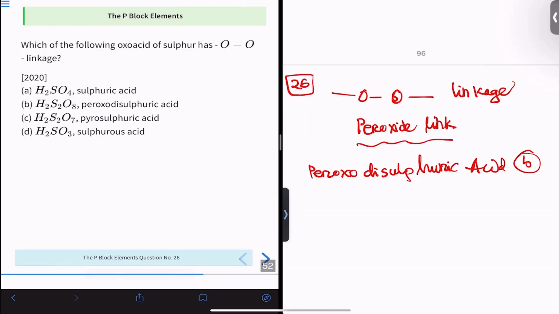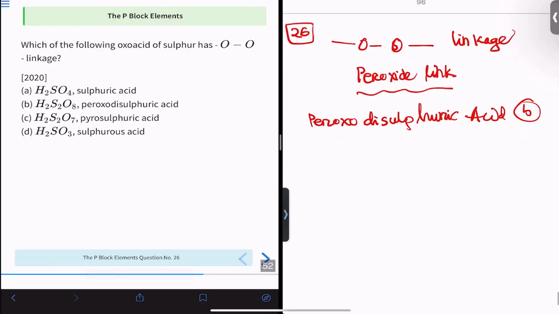But if you want to go through the conventional way, I can draw all the diagrams and show you how the peroxide linkage is only present in peroxodisulfuric acid. So the first option is H2SO4.